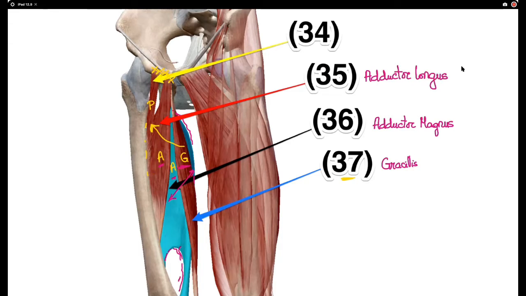How about the small one here on the outside, the most lateral of the adductor muscle group, number 34? Yeah, it is my pectineus.